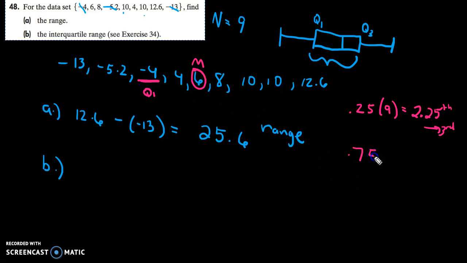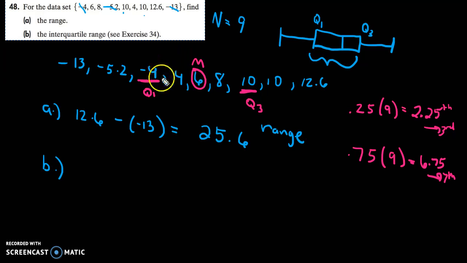And then for the Q3, if I want to know what's 75% of the way through 9 numbers, it's 6.75. And since that's not a whole number, I round up and take the 7th number. So this is 5, 6, 7.